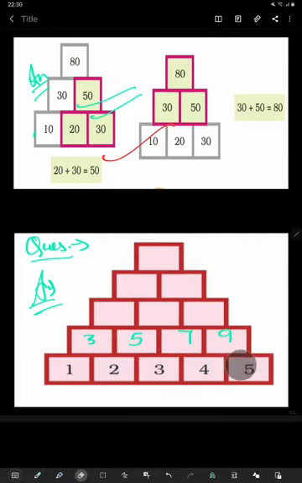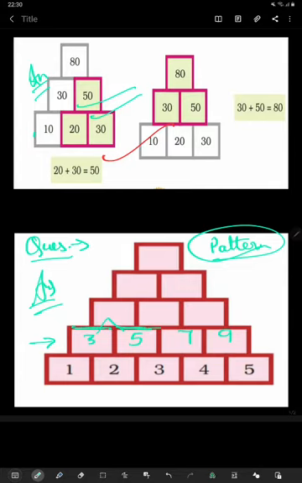Okay, now first this row is completed. Now second row, same rule, because the topic is pattern. Now we have to follow the same pattern. Okay, now here also 3 plus 5, because this block is sharing its boundaries with two blocks.